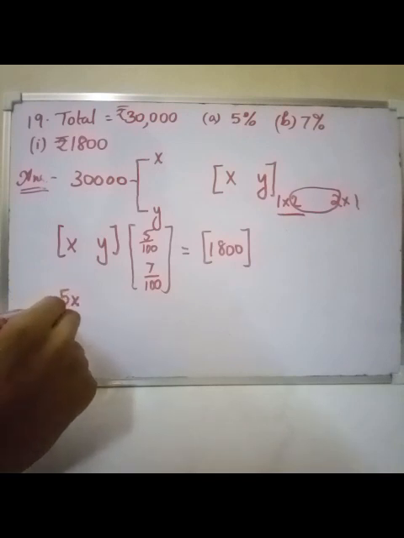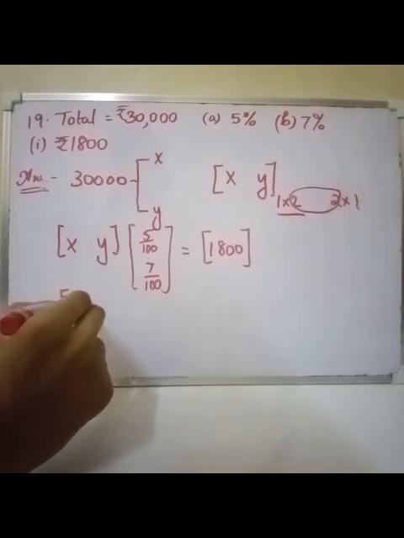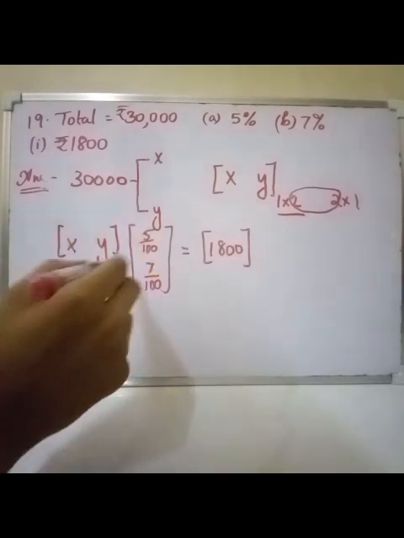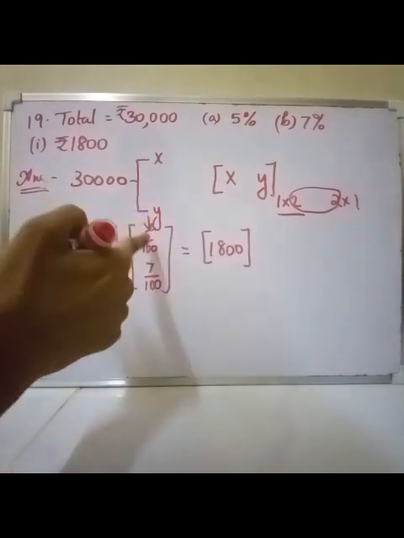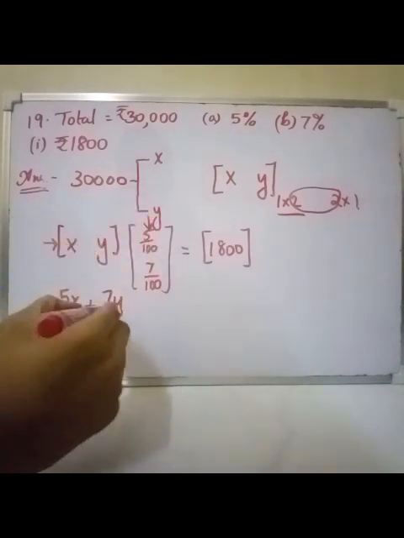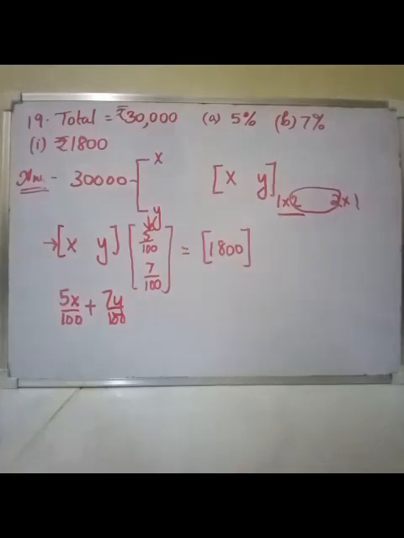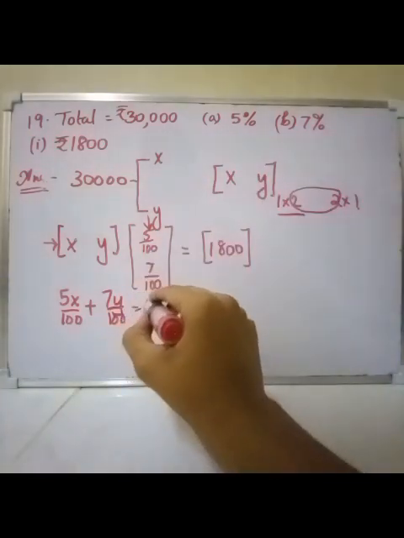5x by 100 plus 7y by 100 equal 1,800. This first row is multiplied with the first column, so this with this and this with this.